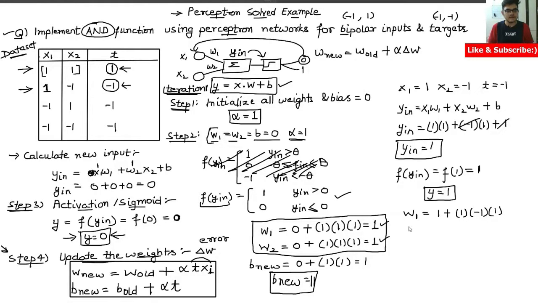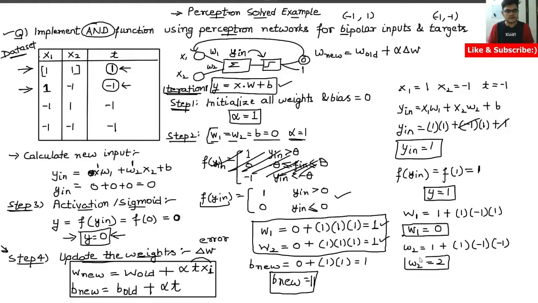So this basically gives me 1 minus 1, which is 0. And in W2, the old weight was equal to 1 plus alpha times target and x2 was equal to minus 1. So W2 will be equal to 1 plus 1, which is 2.